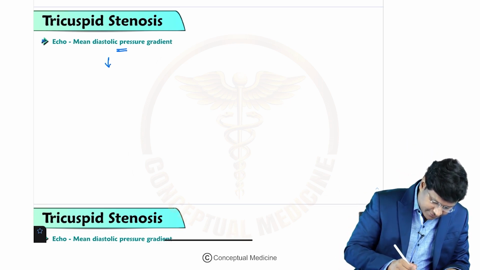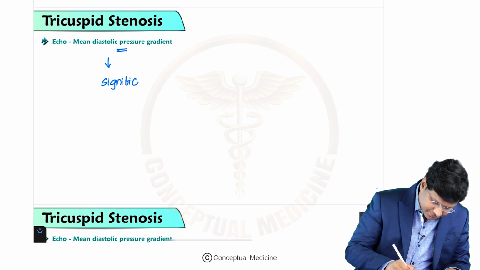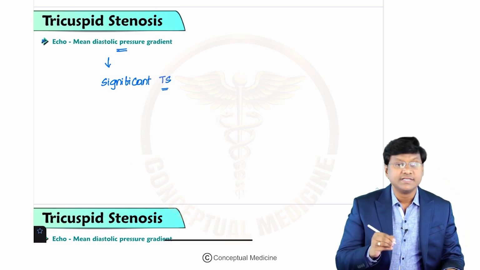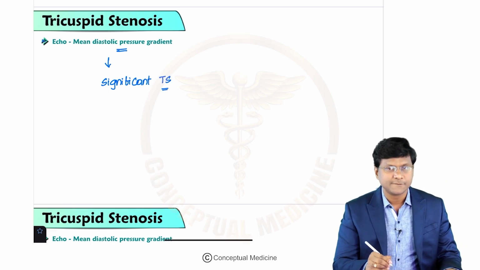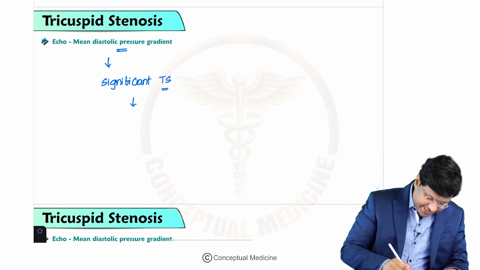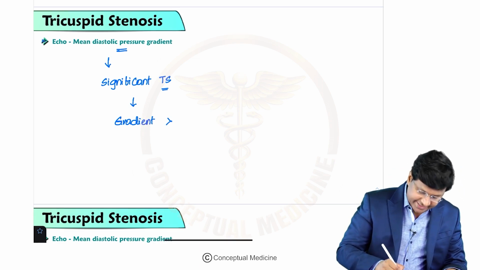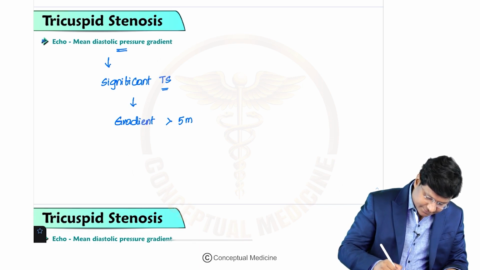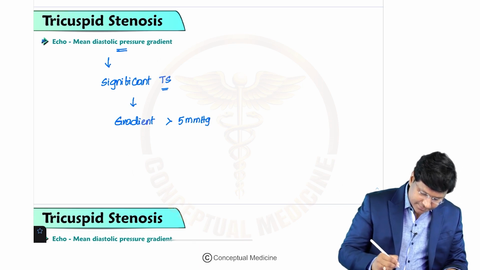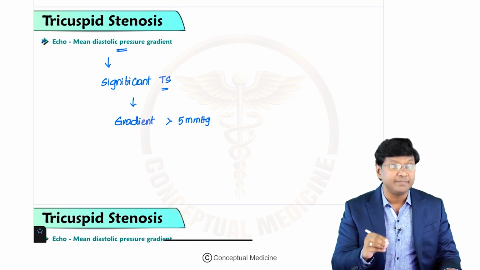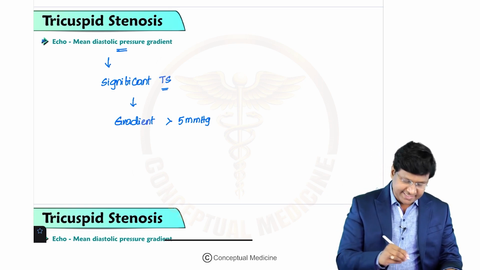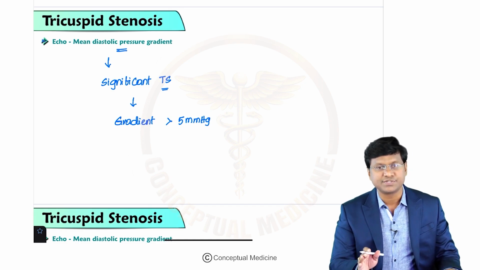We use the word significant tricuspid stenosis when the gradient is greater than 5 millimeters of mercury.